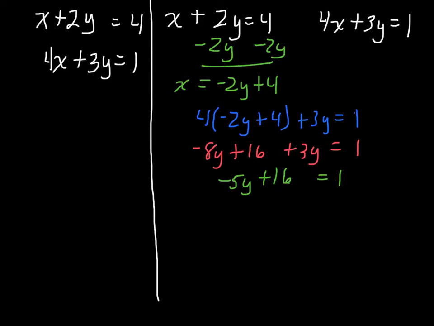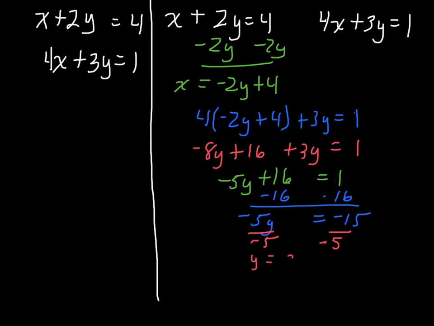Then I'm going to get rid of my 16. At this point, of course, we're just pretty much doing the same process we've done for over a year now, actually. So -5y is equal to -15. And then lastly, divide both sides by -5. So what I end up getting is y is equal to 3.